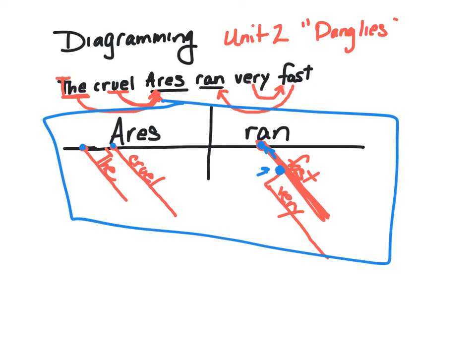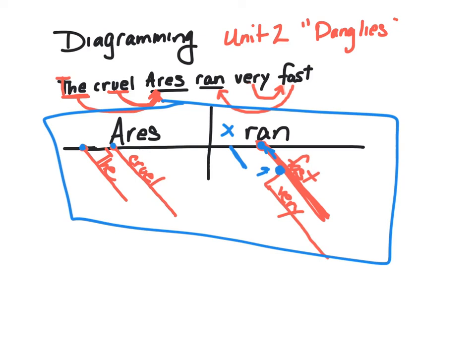You have to start mentally connecting. Again, if you look at a word and say, I don't know whether this is an adverb that it should dangle under ran, or I don't know if it's a helping verb and it should be up here with ran, you can either look at your instructional materials in Unit 2 and ask yourself those adverb questions. If it answers an adverb question, it's going to dangle.